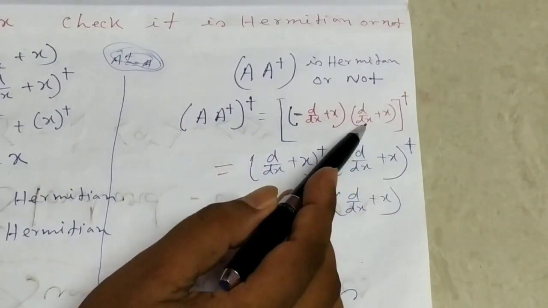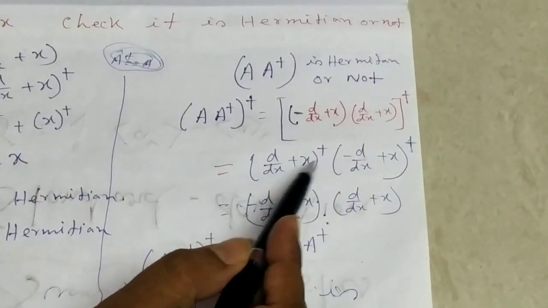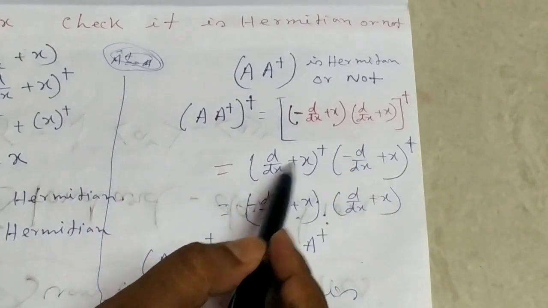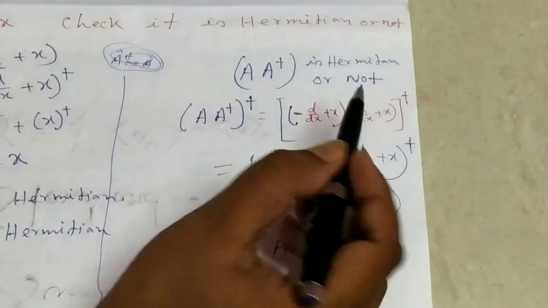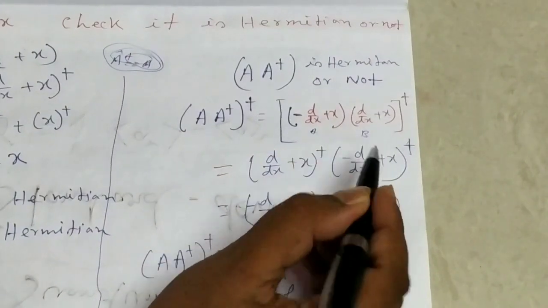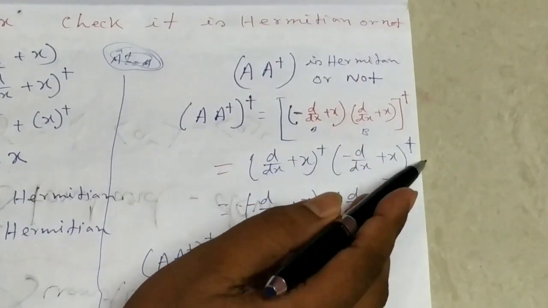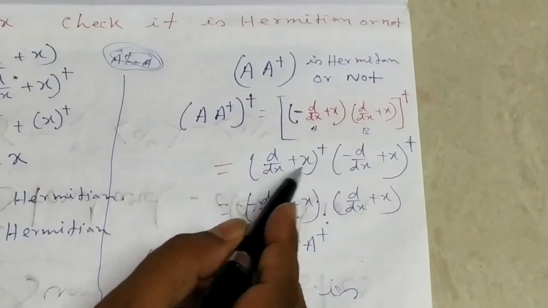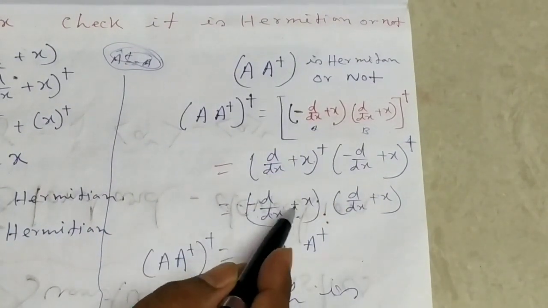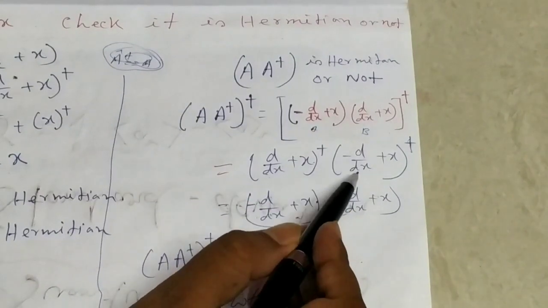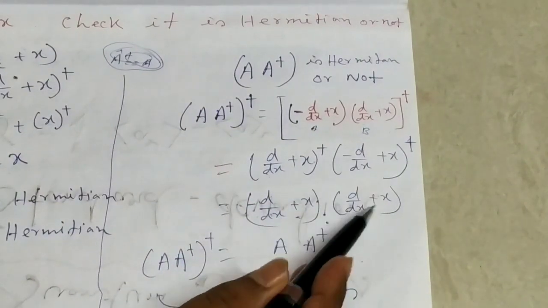So (AB)† = B†A†. So this is B, this is A, this is B. So B† means (d/dx + x)† times (−d/dx + x)†. So (d/dx + x)† means −d/dx + x, and (−d/dx + x)† means d/dx + x.